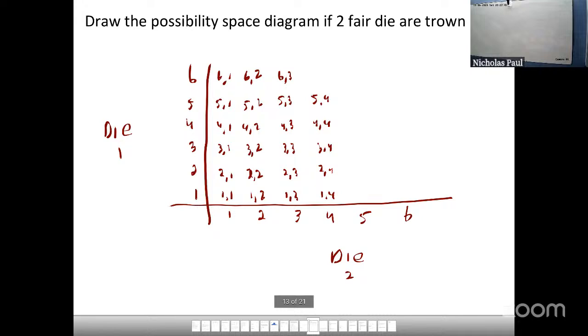Right, so after we do, I'm going to ask some questions on it, right? The possibility space diagram will look like that. Sometimes you don't have to list it out, just put dots to represent everything. All right. So you could just put dots. But for now, I'm doing this because I'm going to ask some other questions on it, right? So that's 1, 5, 2, 5.